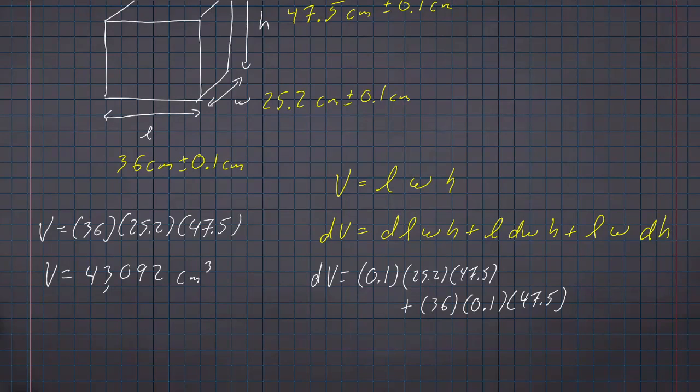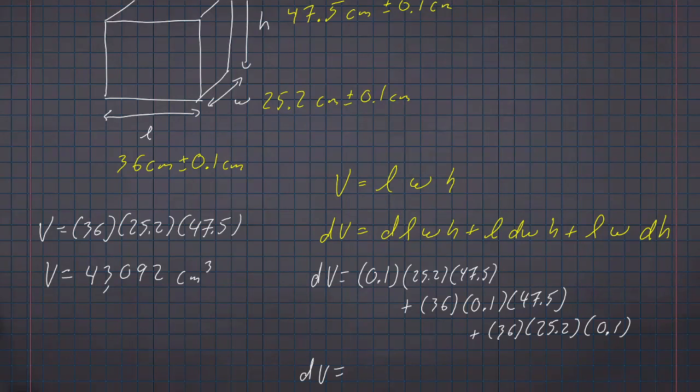It's very convenient doing this calculation when all of the errors are the same. And then for the third term, L is 36, W is 25.2, and dH is 0.1.